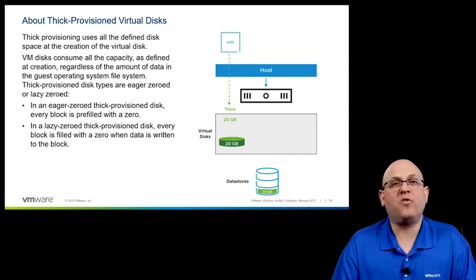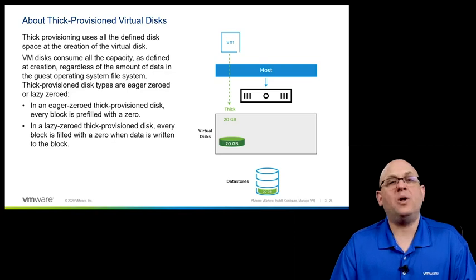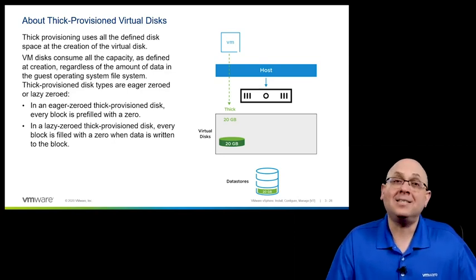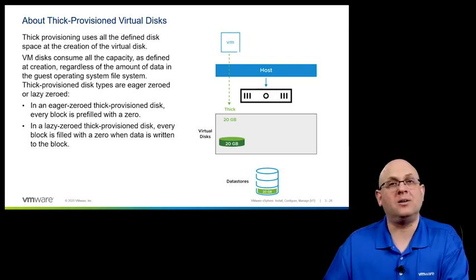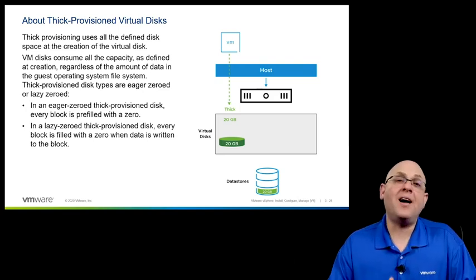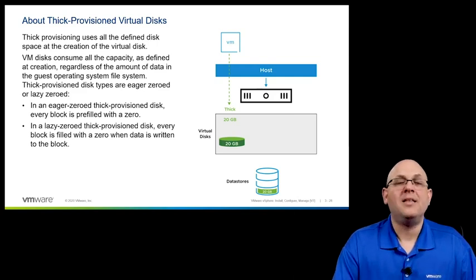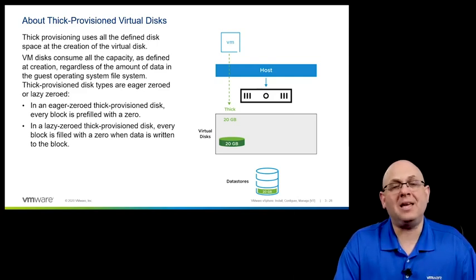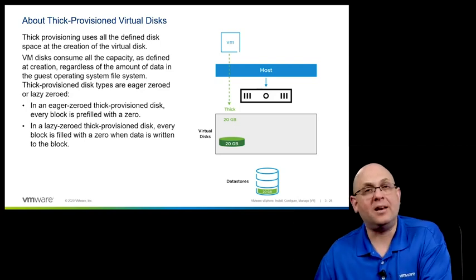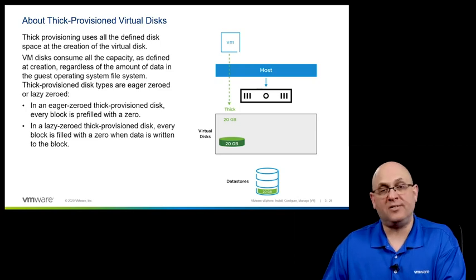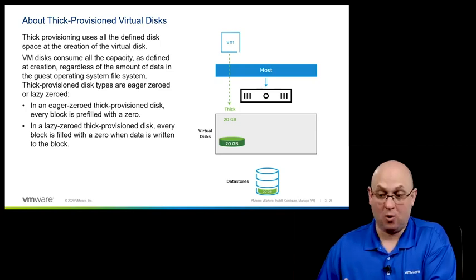A thick provisioned virtual disk will have all of its blocks pre-allocated, set aside by ESXi on your storage, so that if I build a 100 gig thick provisioned virtual disk, then a 100 gigabyte VMDK file will be created on the storage device that you've chosen, on the datastore.